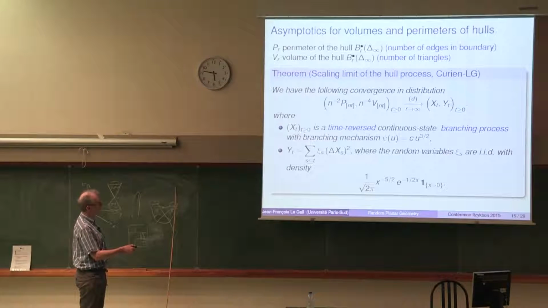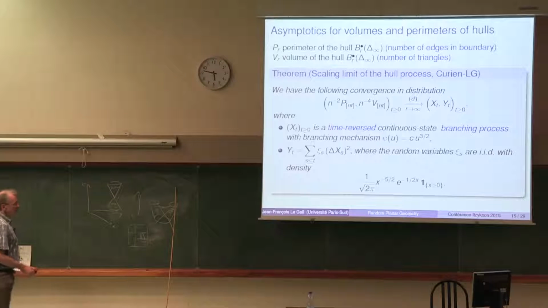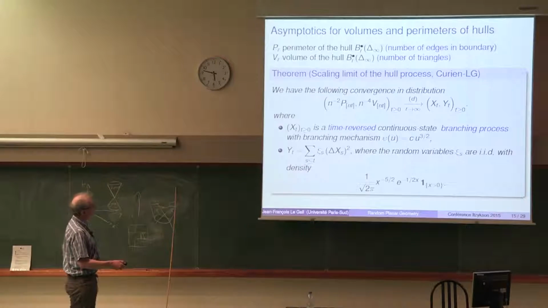Each time this process X has a jump, the volume process also has a corresponding jump given by the square of the jump of the perimeter process times the random variable psi here, which is distributed according to this density. Maybe I'm not going to say more about that.